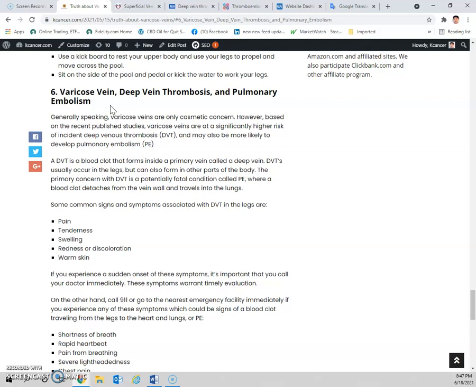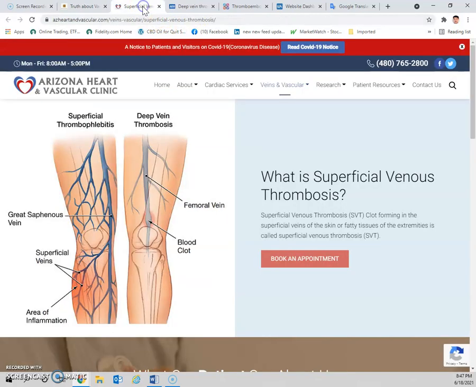That can be a very serious outcome, and if you are not treated immediately, this can cause death. So let's have a look at the results of this deep vein thrombosis.